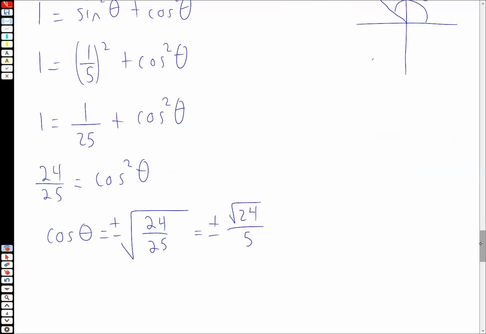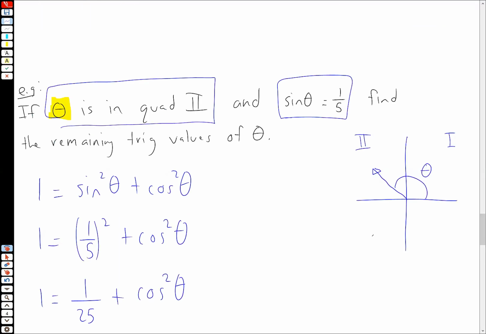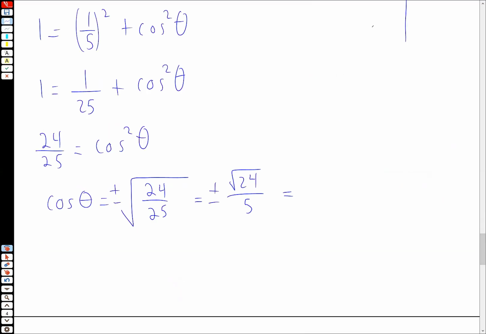Which is it? Is it plus or minus? And how we determine this is, remember, theta is in quadrant 2. So if theta is in quadrant 2, think back to your unit circle. Is cosine positive or negative there? Okay. And since it's in quadrant 2, it's actually negative. So it's negative square root 24 over 5.